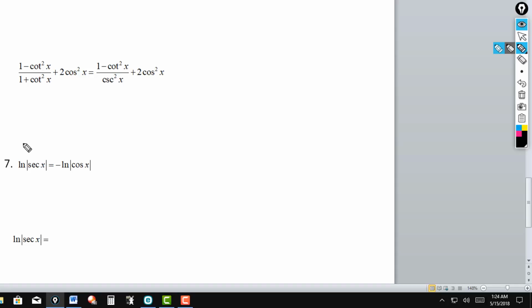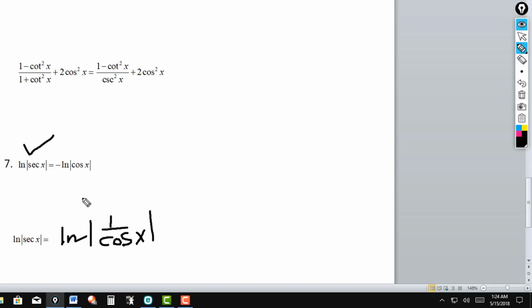I'm going to start with the left side. Natural log of secant of x is the same thing as natural log of, and secant is 1 over cosine of x.